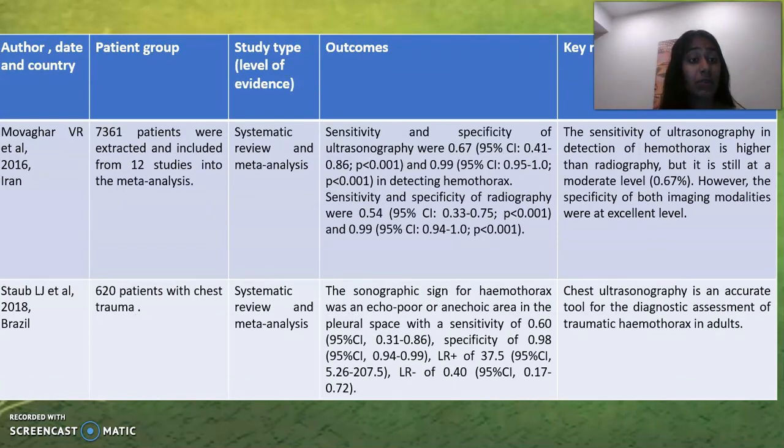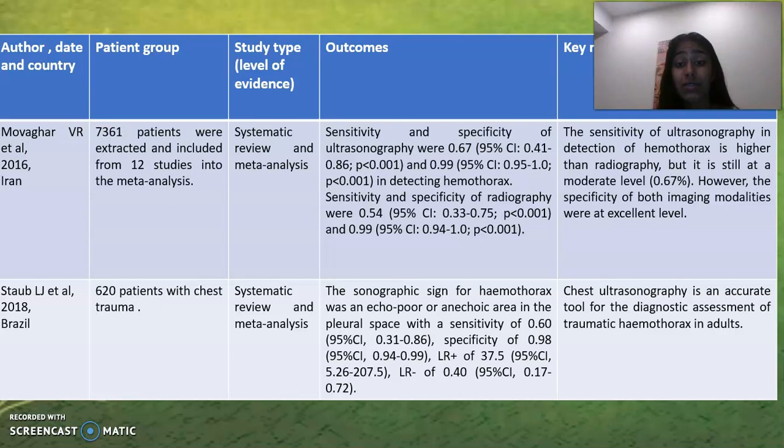Okay, so the next article is Mohammadi VR et al. 2016, Iran. Patient group was 7,361 patients extracted and included from 12 studies into the meta-analysis. Study type was systematic review and meta-analysis. Outcomes: sensitivity and specificity of ultrasonography were 0.67 with 95% confidence interval 0.41 to 0.86, p-value less than 0.001, and 0.99 with 95% confidence interval 0.95 to 1.0, p-value less than 0.001, in detecting hemothorax.